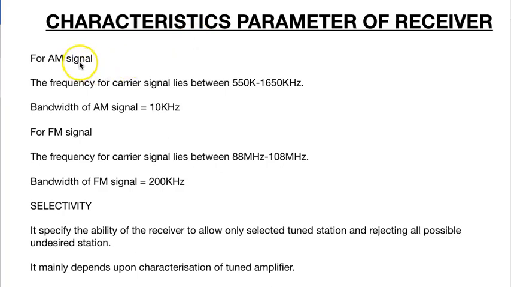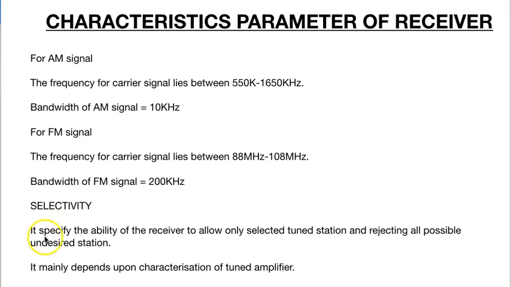As we know, the AM signal lies between 550 kHz and 1650 kHz with a bandwidth of 10 kHz. An FM signal lies between 88 MHz and 108 MHz with a bandwidth of 200 kHz. There is a special terminology, selectivity, that is considered for the selection of the receiver for AM and FM modulation.